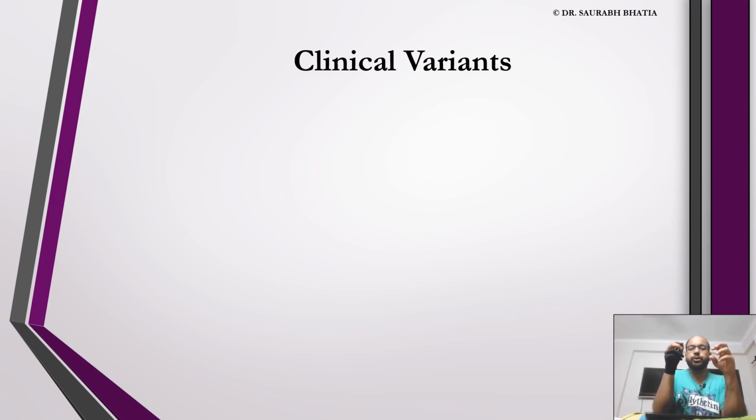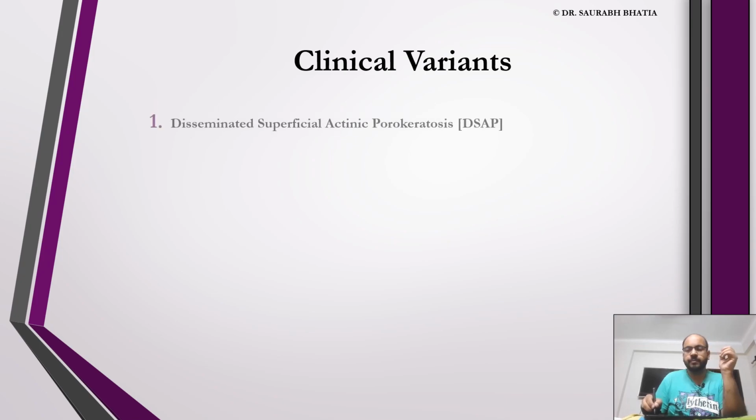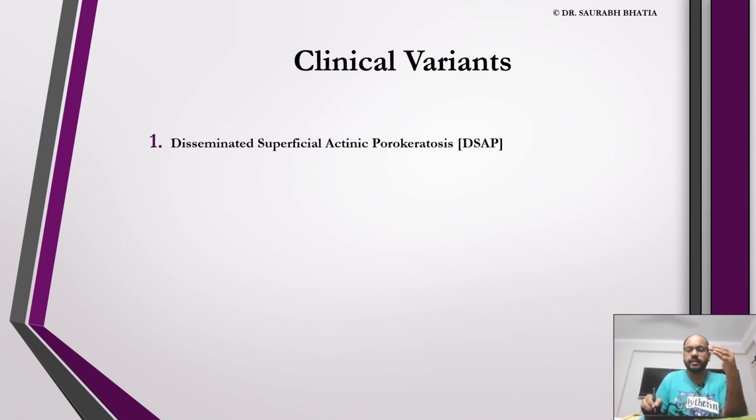So, I've already told you that it is difficult to classify porokeratosis. So, what Rook's has done is classify on the basis of clinical picture, clinical distribution, clinical appearance, and also the associated complications.